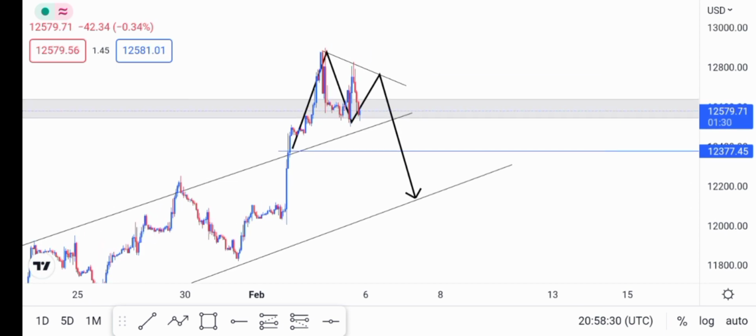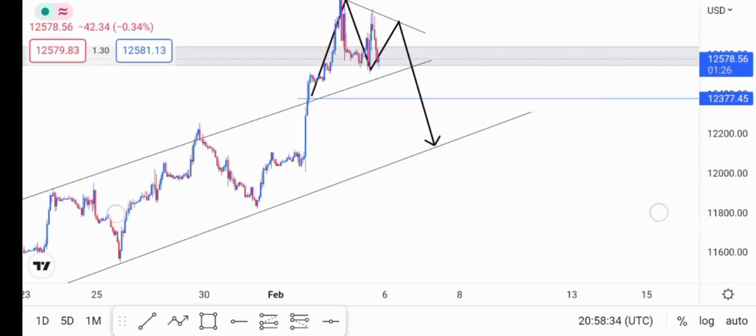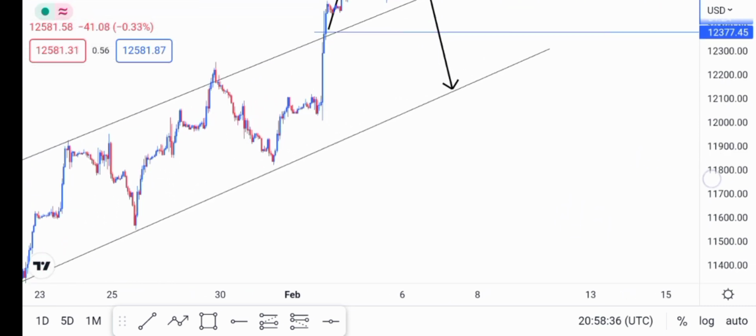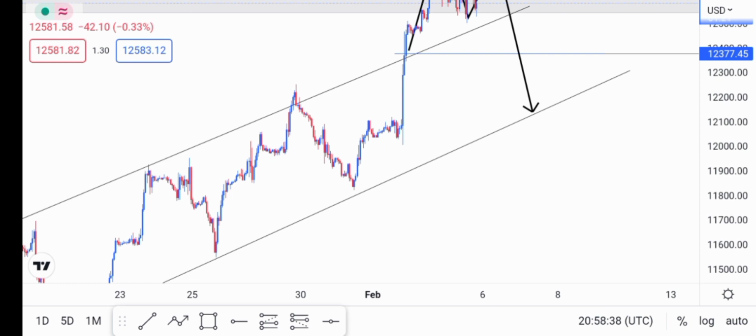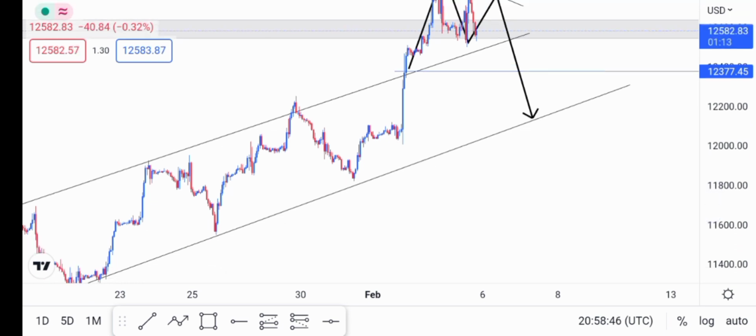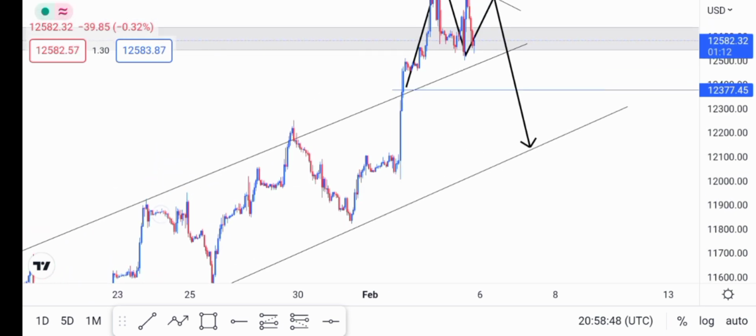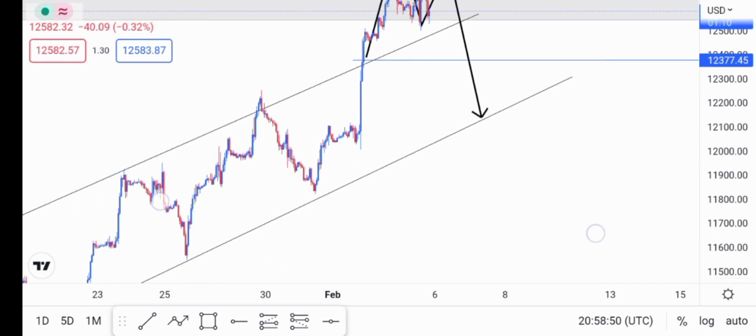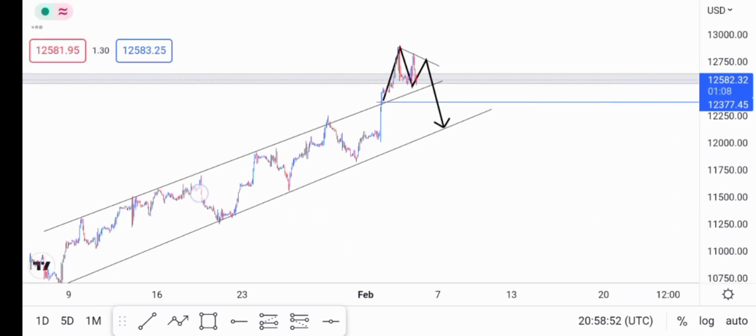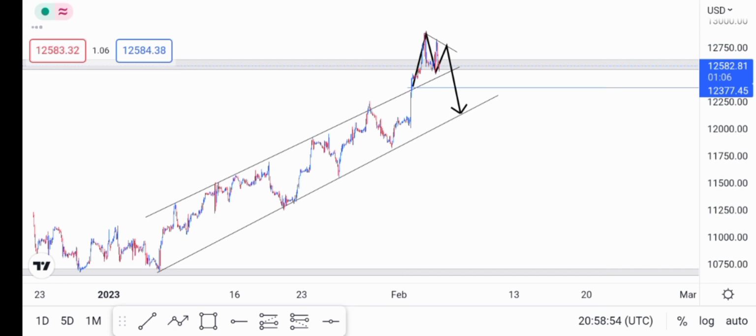So all we have to do is just keep on waiting, guys. We had most events this week, I think 3 major events this week, or 4, if I'm not lying. So this is the kind of setup we should anticipate on NAS100.